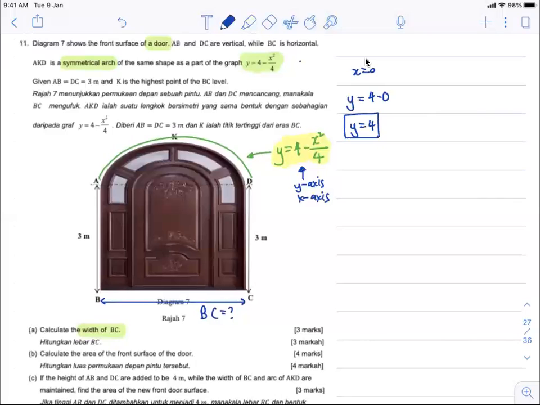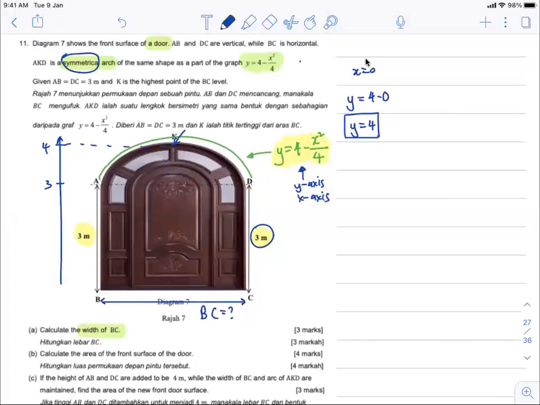Then let us come back to the diagram. Notice this is 3, this is 3, and then the y-intercept is 4. So if here is 3 and here is 4, we know that the y-intercept would likely be over here. And the question also tells us that this is a symmetrical arch.